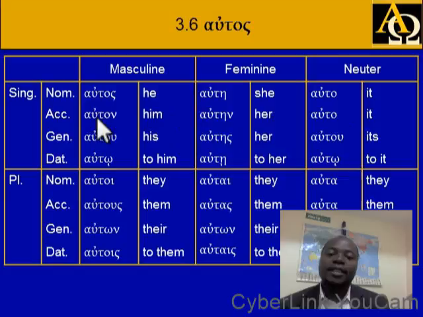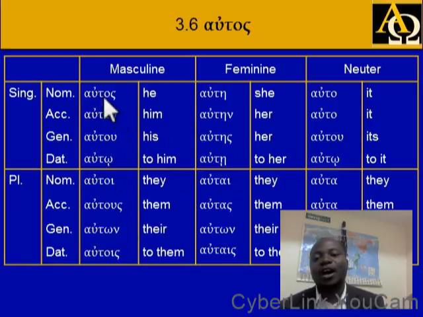So, very much similar to the things we've looked at. You can see here that it's just an addition of "au" at the beginning, but the rest of it is actually the ending of the definite article. So that's your he, his, him, to him, they, them.